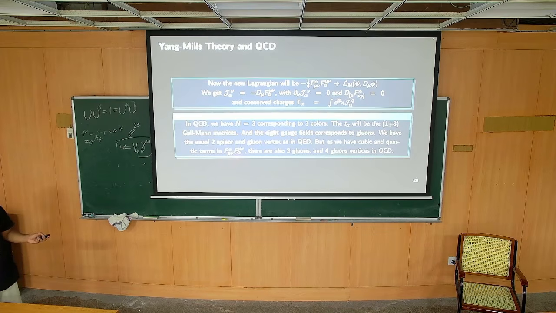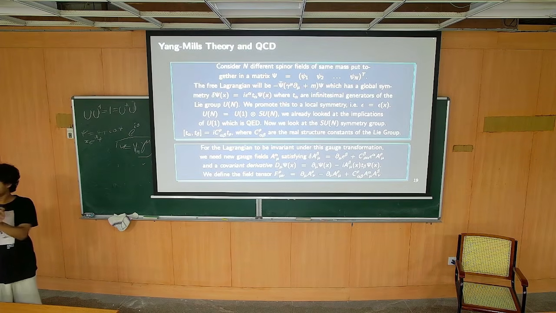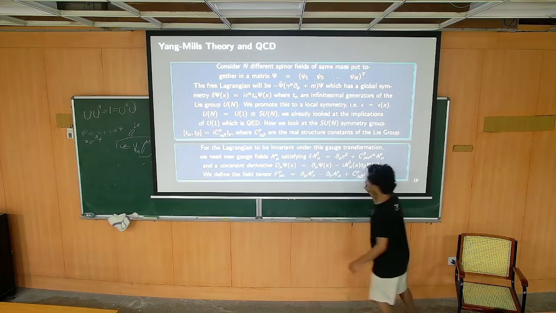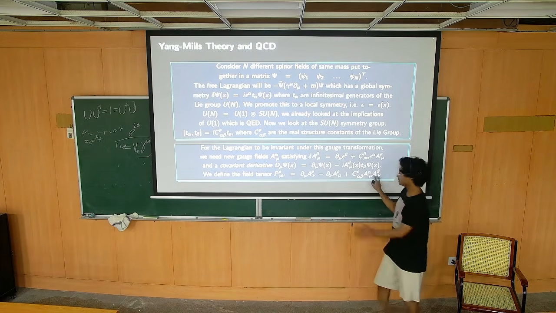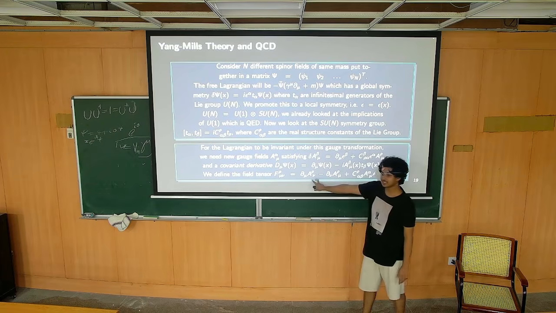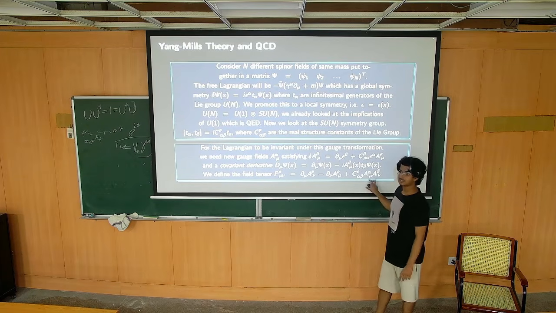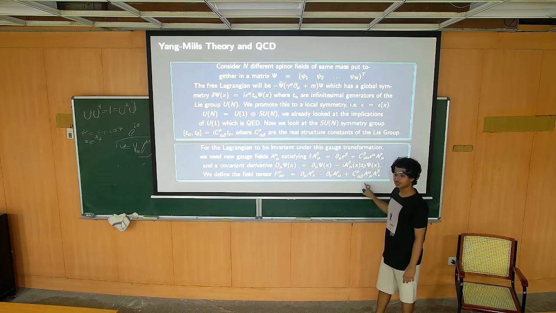this product, initially it had only a quadratic product. Quadratic product doesn't give vertices. Vertices need at least 3 points. We didn't have that in QED. But here we have a quadratic term, which on multiplication with itself gives cubic terms and quartic terms.